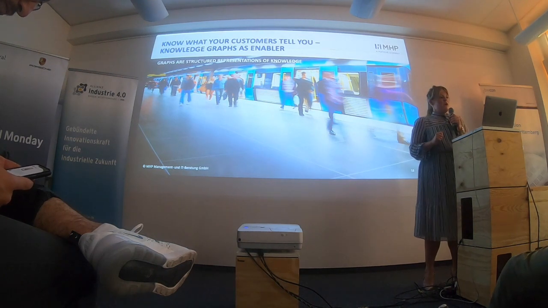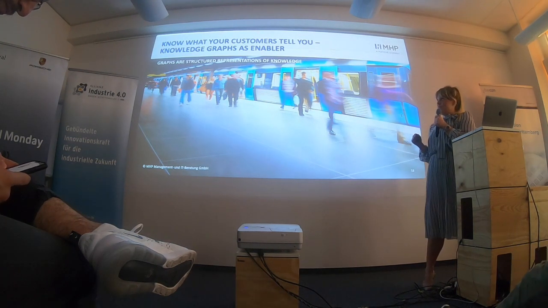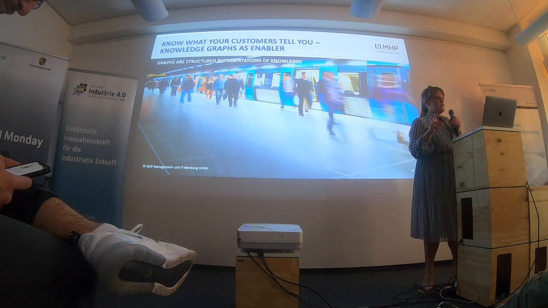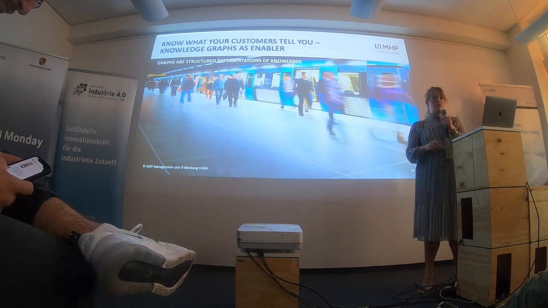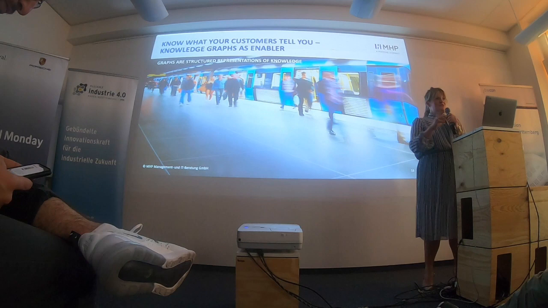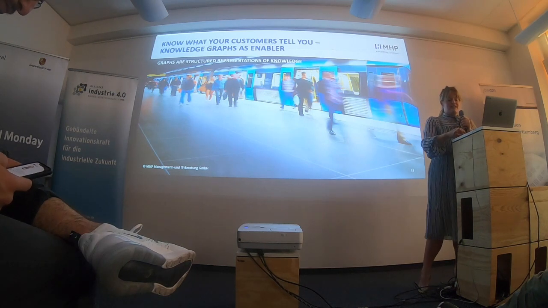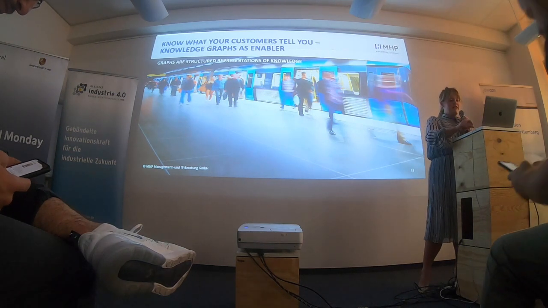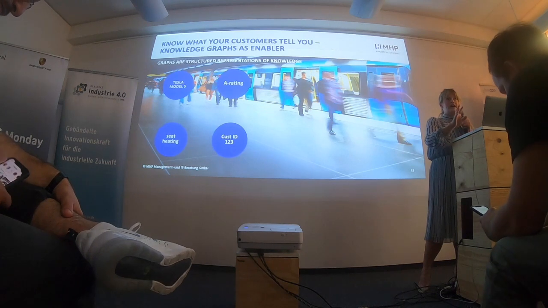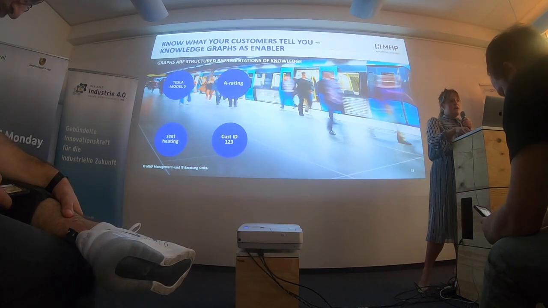And what I brought to you now is the core enabler in this project, which is a knowledge graph, which I want to shortly introduce to you, because I think it's a very valuable method to attack problems like this.